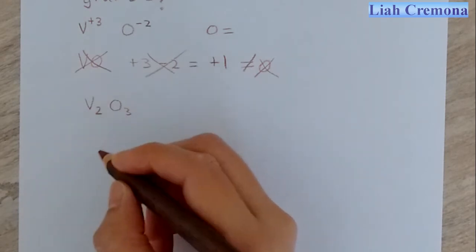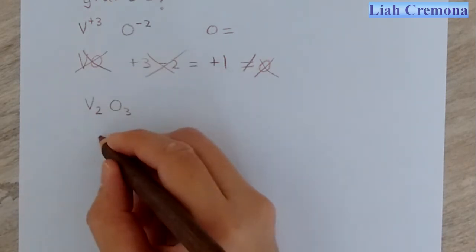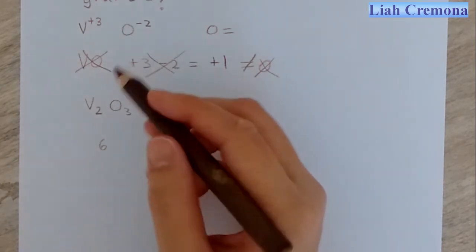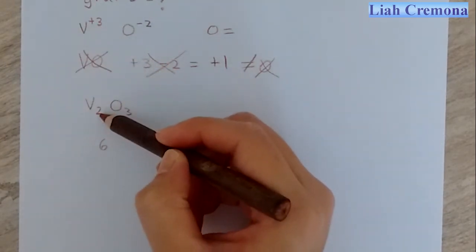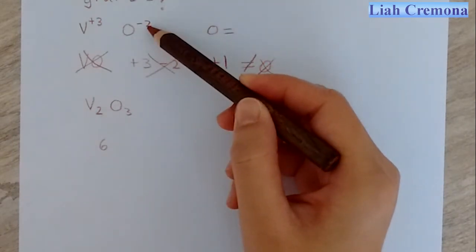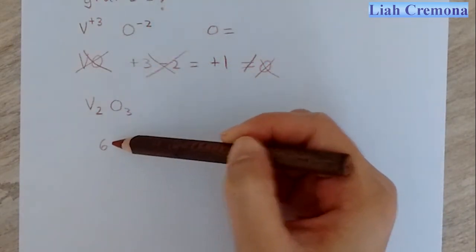So picking 6 as a common factor, to get to 6, 3 must be multiplied by 2, and 2 must be multiplied by 3 to equal 6.